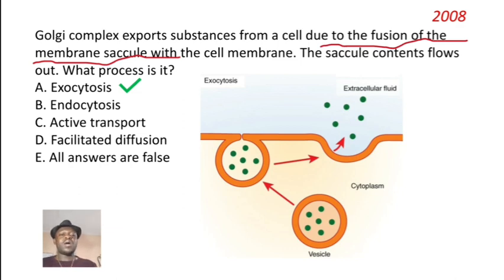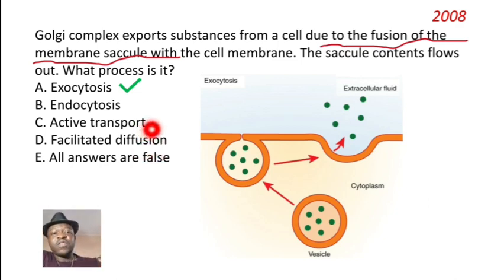And then the other one is receptor mediated endocytosis. If you did your biochemistry, you know those lipoproteins are also taken into cells through that process, and some different molecules are also taken by receptor mediated endocytosis.